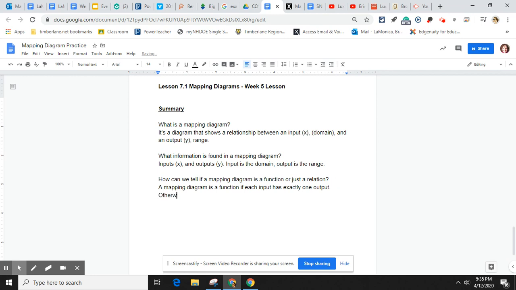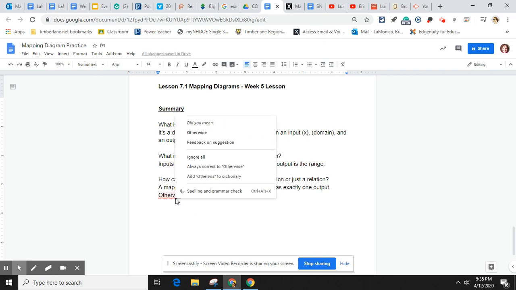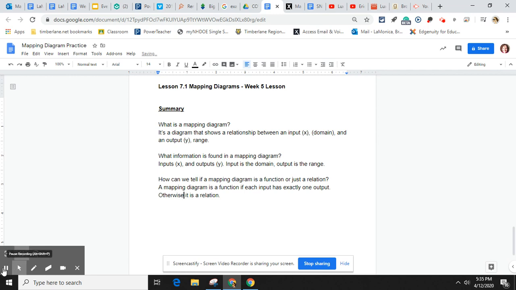Otherwise, it is a relation. So it is a function, I make that yellow, if each input has exactly one output. You could say only instead of exactly one output.